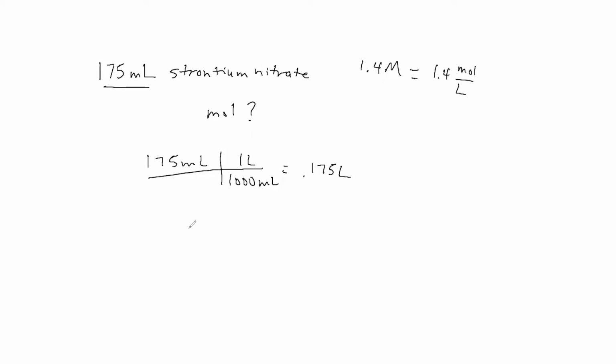And then since molarity equals the number of moles per liter, we just say 1.4 moles per liter times 0.175 liters of solution. And when we multiply that out, our liters units are going to cancel out, and we're left with 0.25 moles of strontium nitrate. That's the number of moles in our solution.